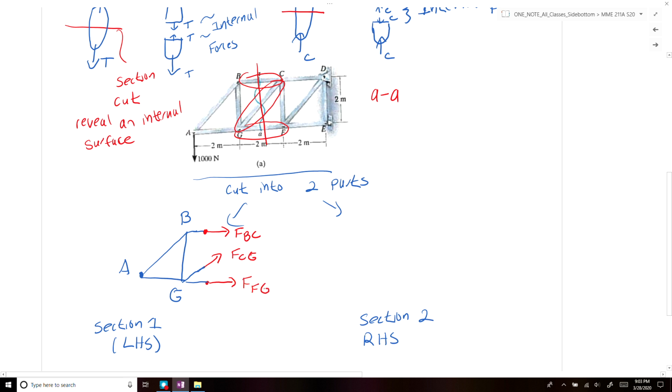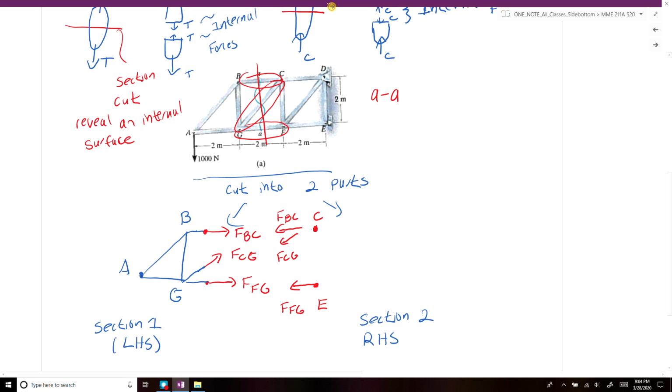Because these are internal forces, the right-hand side of the section would also have these same forces, equal and opposite in direction. We would have force FFG going in the equal and opposite direction here, from point E. Then at point C, we'd have FCG going in the opposite direction, and then FBC going in this direction.